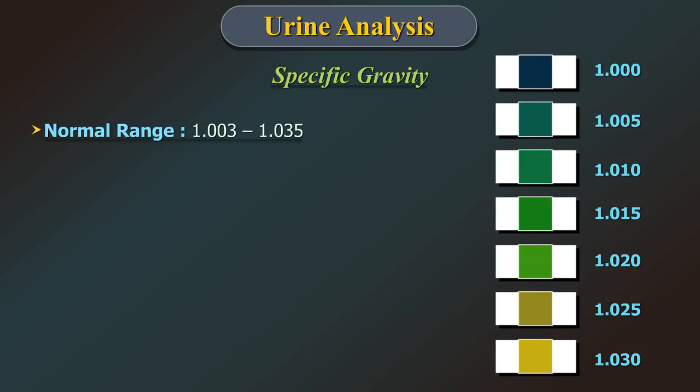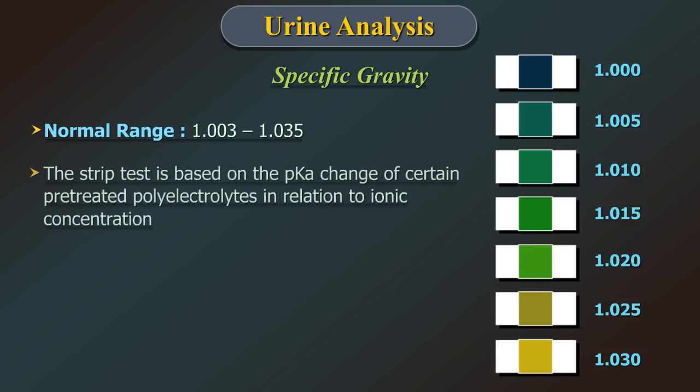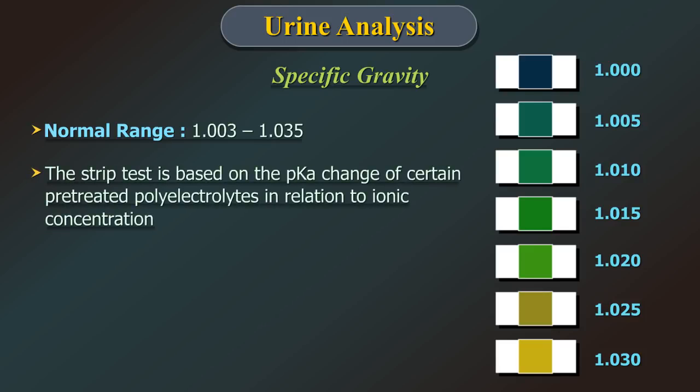The normal range of specific gravity is 1.003 to 1.035. The strip test is based on the pKa change of certain pre-treated polyelectrolytes in relation to the ionic concentration.